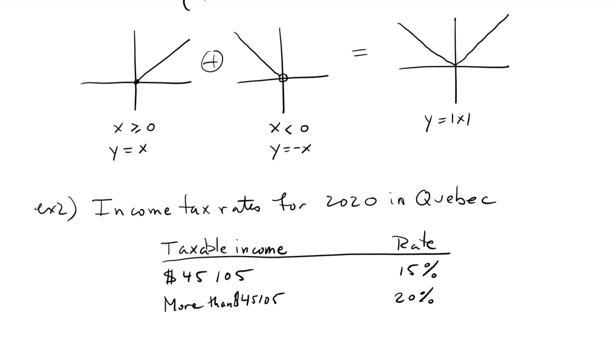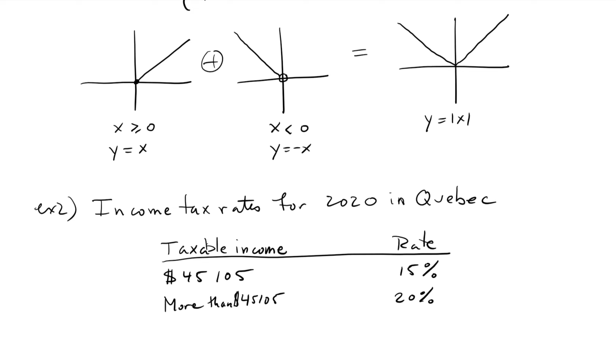It's false if you earn above something like $90,000. It changes again. But at least my example is good if you consider someone earning less than $90,000. So if you earn more than $45,000, for that portion you're going to be taxed at a rate of 20%.